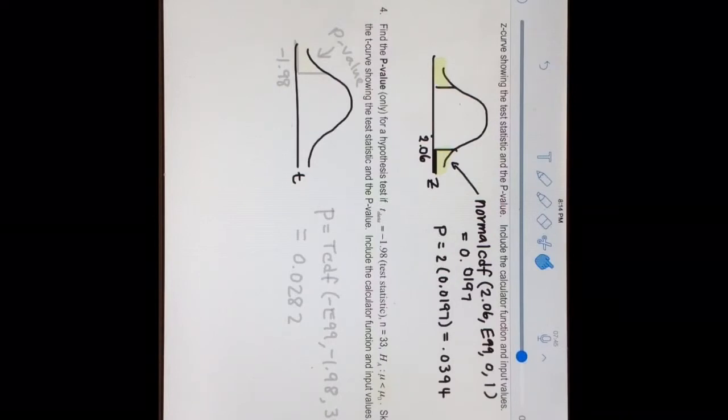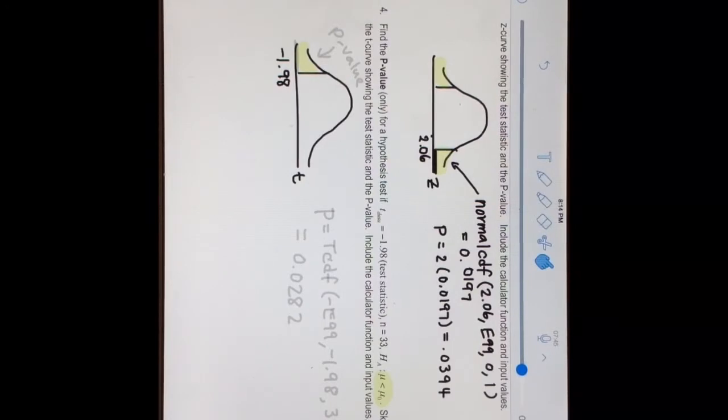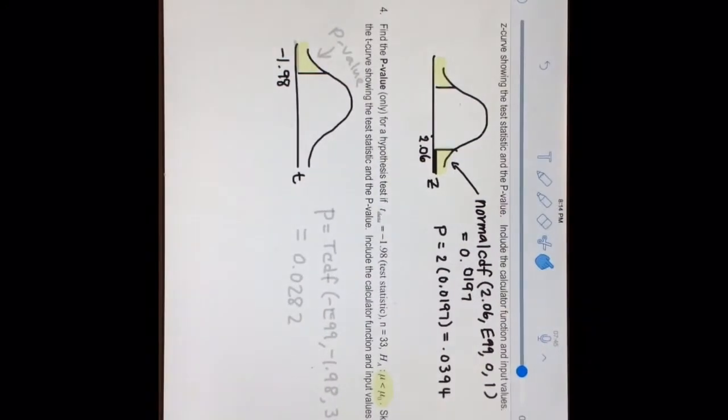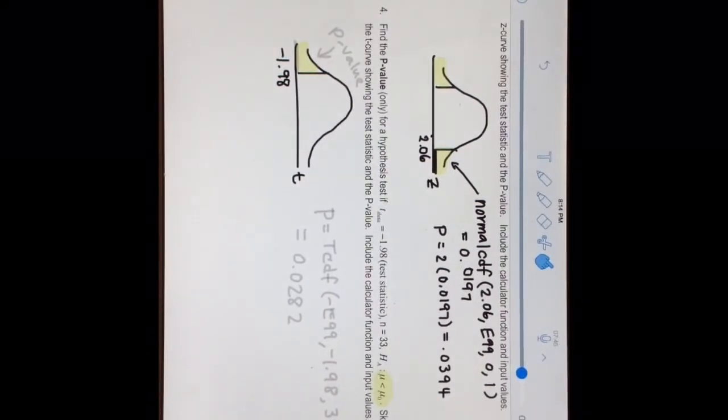Locate the test statistic. And because of the sign in the alternative hypothesis, we know that we have a left tail test.